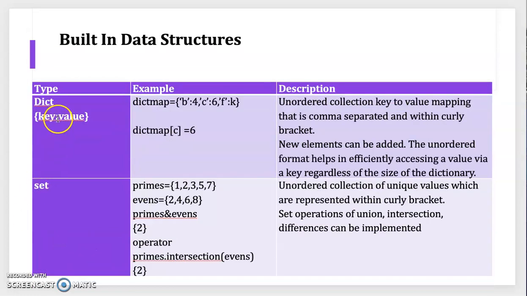Then we have the dictionary, where you can have the key and the value. Then we have set. Those are all the built-in data structures we will talk about further and give you more examples in the next module. Later on, you will follow a couple of small videos to see more examples from Python.